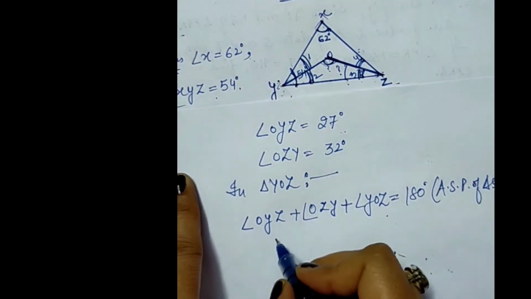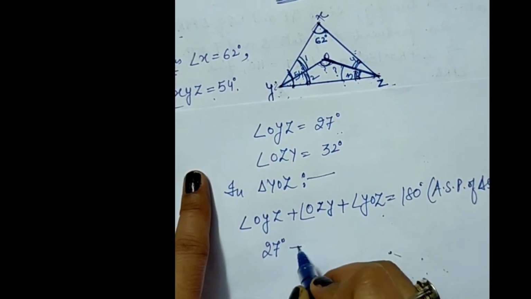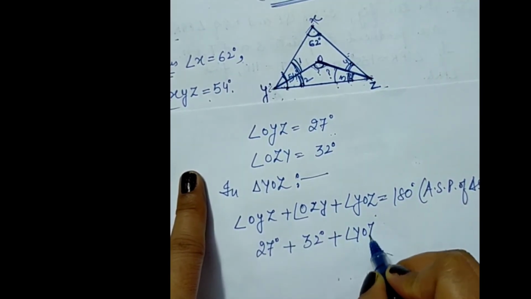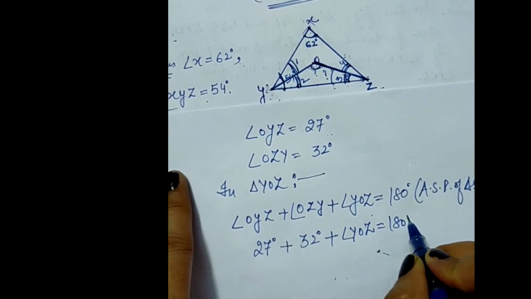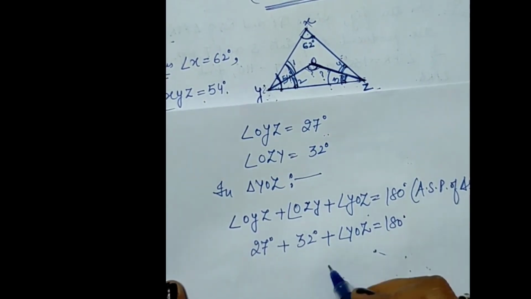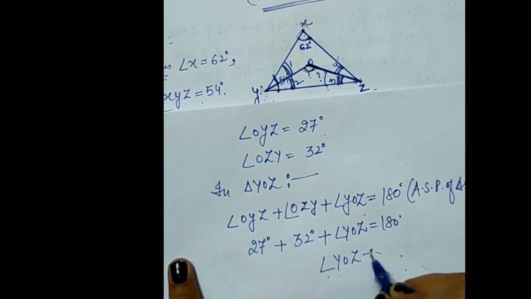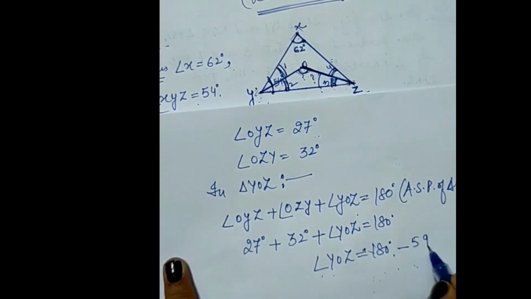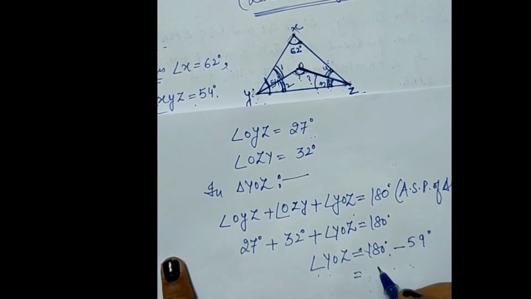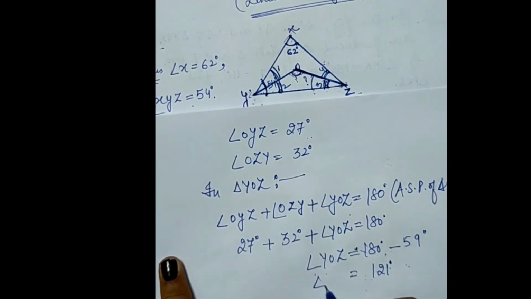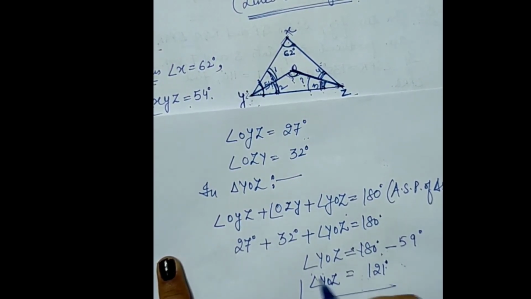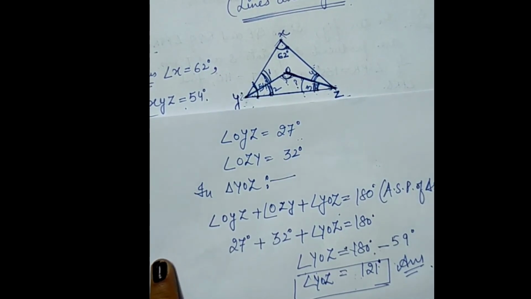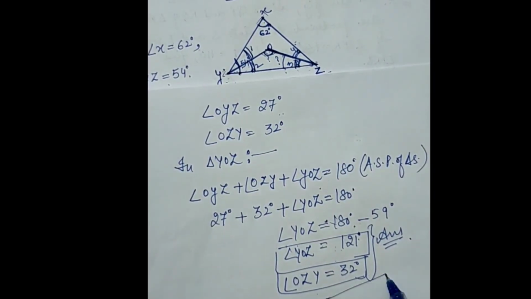So let's fill the values now. 27 plus 32 plus YOZ is equal to 180 degrees. So YOZ is here only, and 180 minus this 59, which goes over to the other side, and we will be left with 121. So the required answer is YOZ to be 121. So these are the required answers for this question.